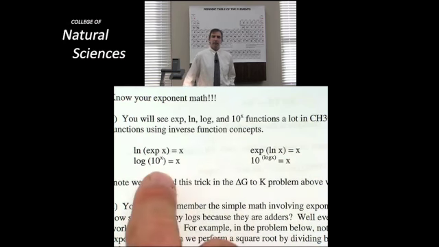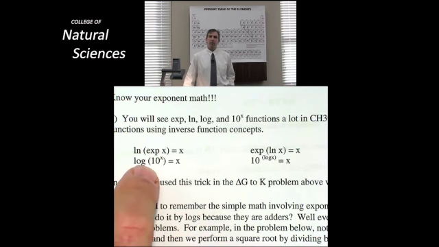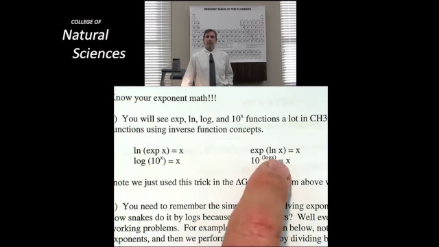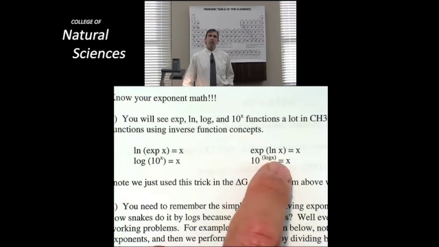So here I have 10 to the x. I take log base 10 of 10 to the x, I get x out. So as a simple example, if I've got 10 to the minus 5, log base 10 of 10 to the minus 5 is minus 5. Or if I have the number 5, log of 5 here, then this becomes 10 to the log of 5, and I end up with 10 to the 5th.